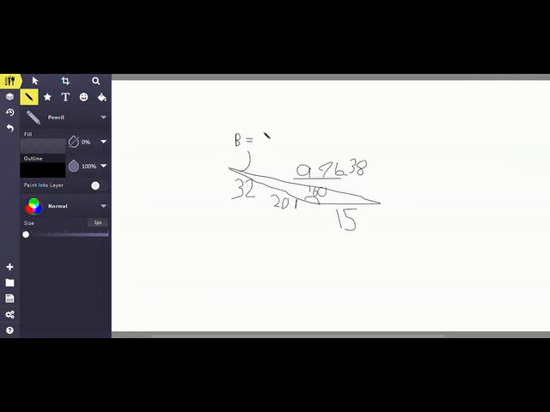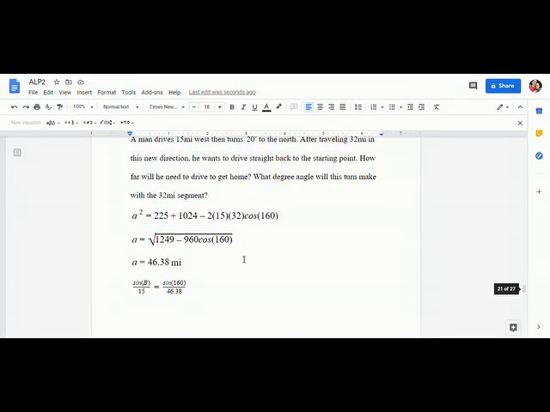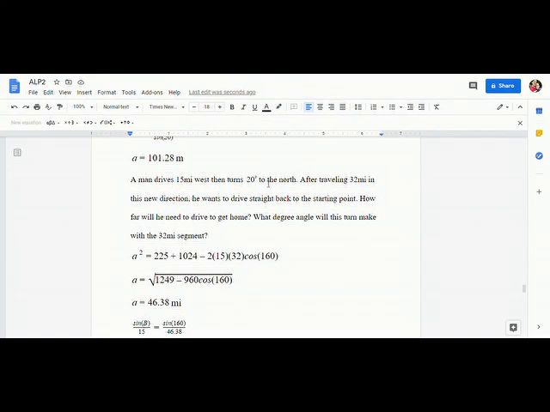That's the value of this angle in here. So we just used the law of cosines and the law of sines to find how far he needed to go to get back to his starting point and what angle that made with the segment that we had.